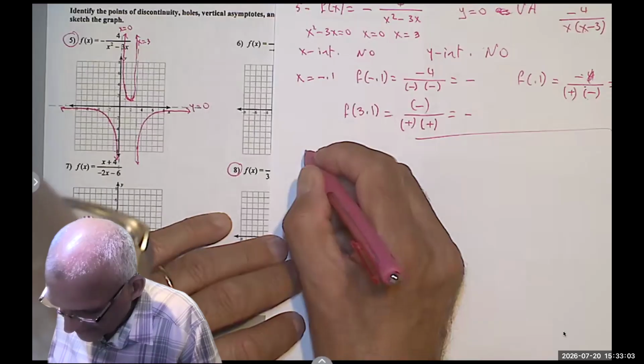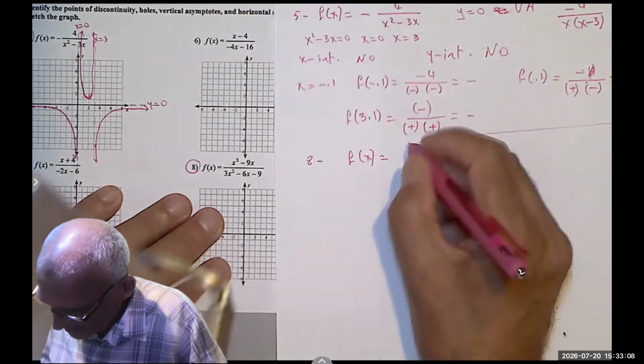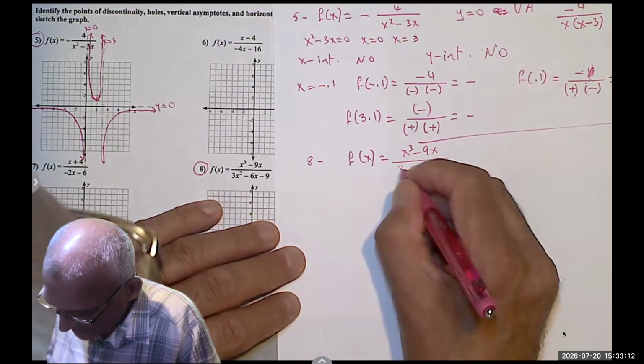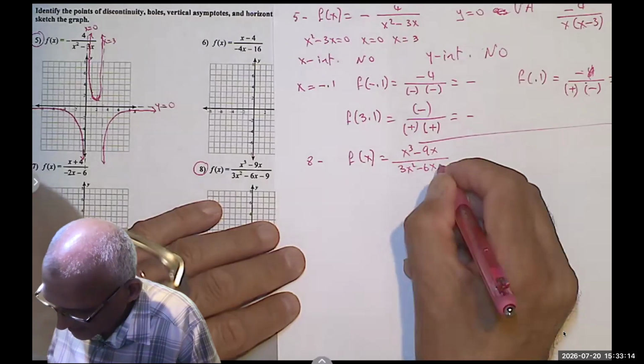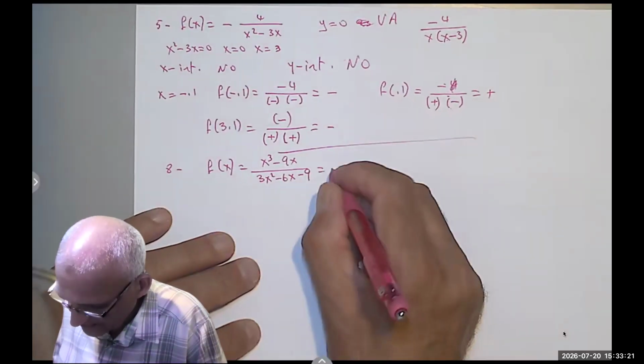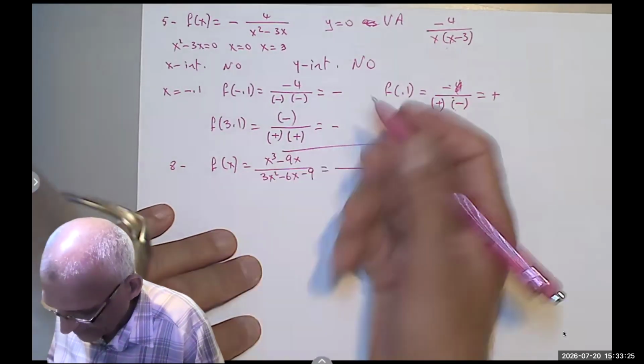Let's move to number 8. f of x equals x cubed minus 9x over 3x squared minus 6x minus 9. When you have cases like that, it's better to factor them out. Like here also, I could have factored, I should have.